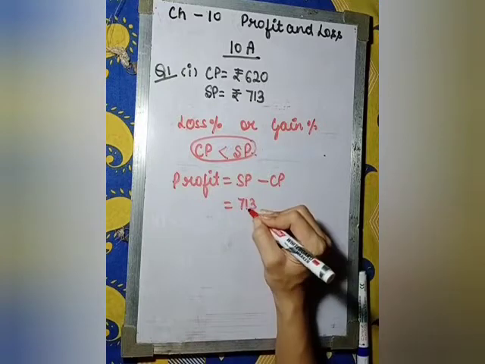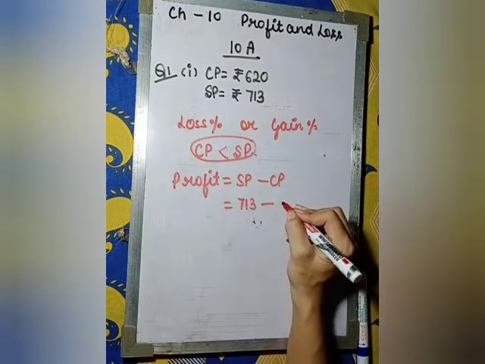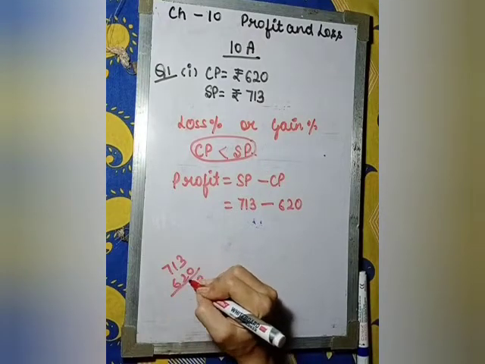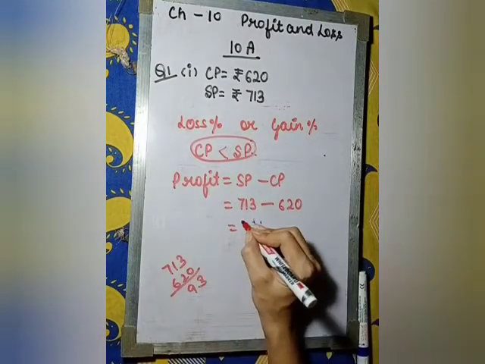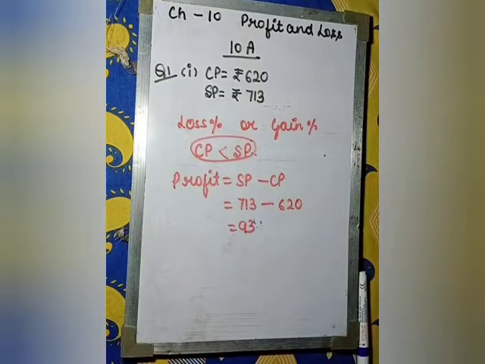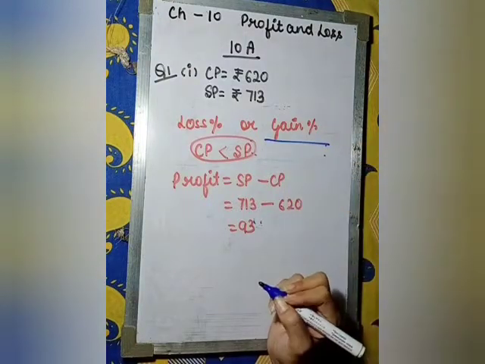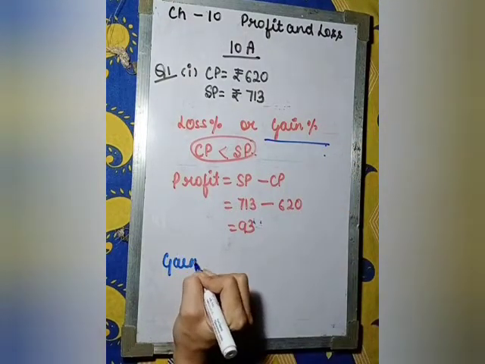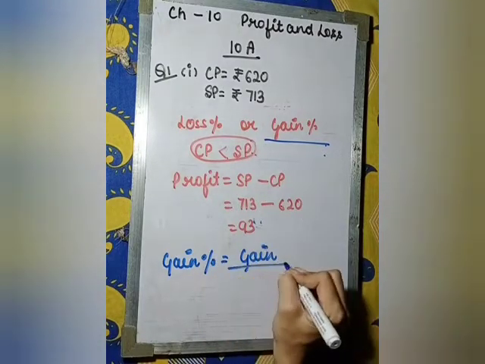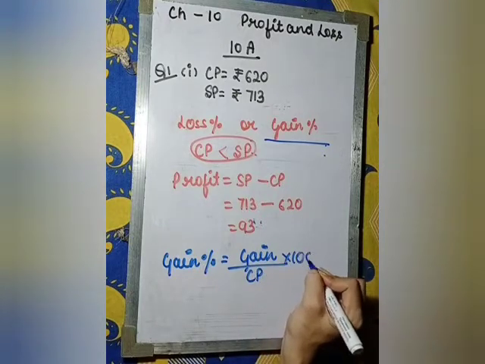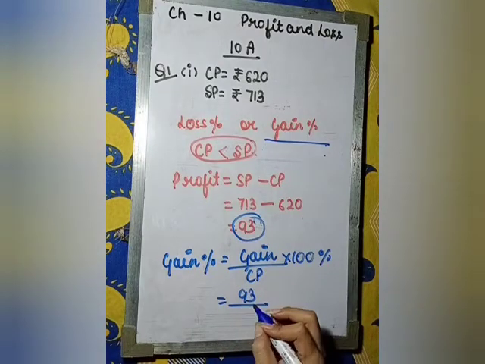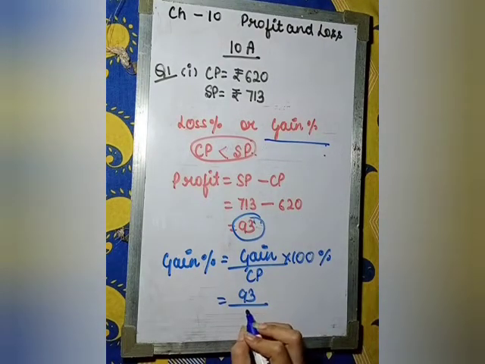SP is 713 and CP is 620. Subtracted, it is 93. So here is the profit of 93 rupees. But we have to find the gain percent or the profit percent. So the gain percent is gain upon, what is the formula? Gain upon CP into 100%. What is the gain? The person has a gain of 93 rupees upon CP.